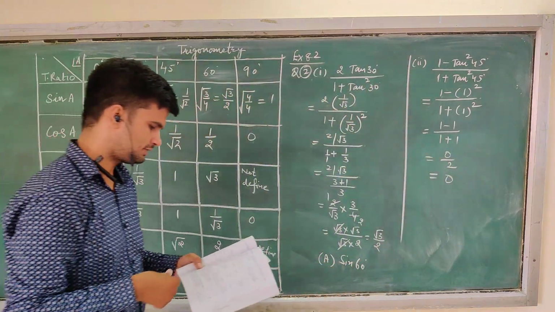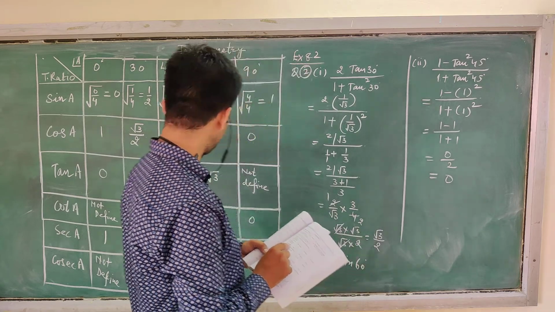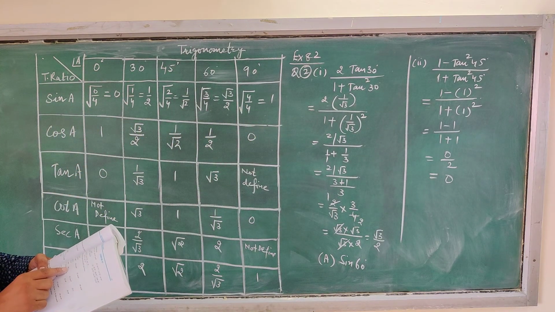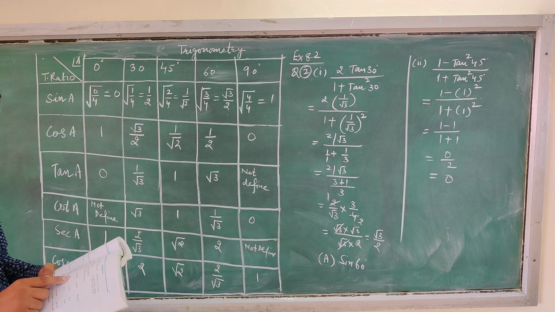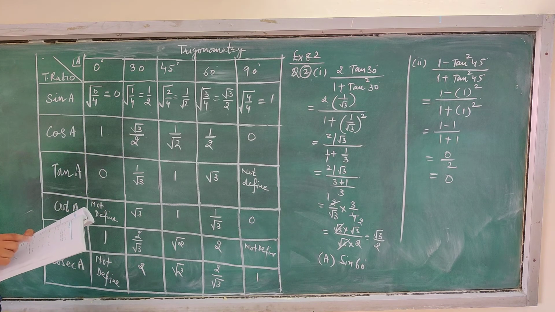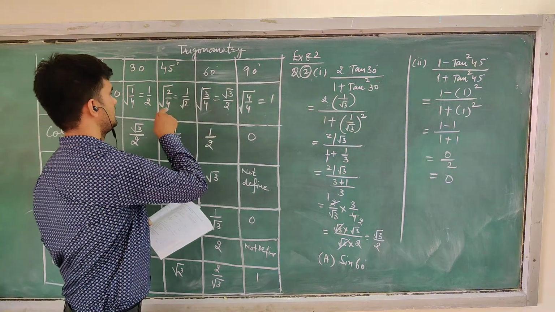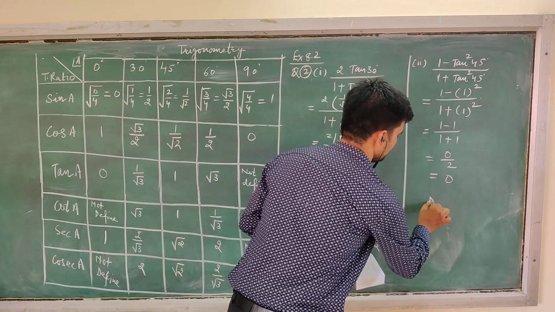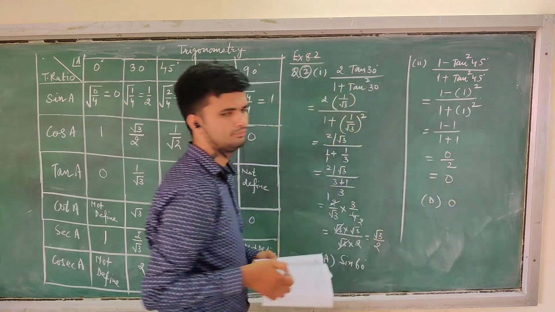Now see the options. The first option A is tan 90, but tan 90 is not defined. Option B is equal to 1. But the answer is 0. Sin 45 we know is 1 by root 2, and the last option D is your answer. It is 0.